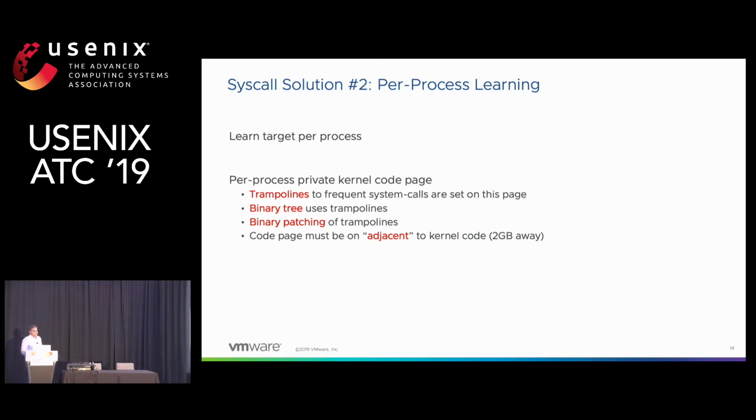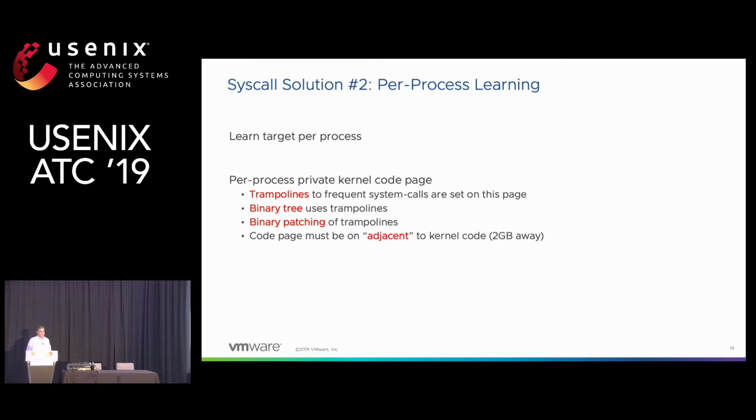The second problem is that each process might have a different system call distribution. We deal with it by learning the targets per process. But we still need to deal with the fact that the kernel code is shared by all processes, so we break it: we take one code page out of the process and make each one of the processes have a different kernel page.